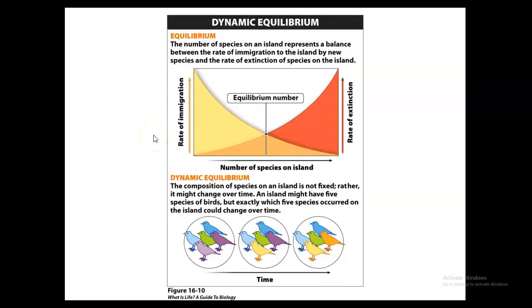Looking at the equilibrium, the number of species on an island represents a balance between the rate of immigration to that island by new species and the rate of extinction of species already on the island. There you find in the center the equilibrium. With dynamic equilibrium, the composition of species on that island isn't fixed, so it can change over time. The island might have, let's say, 5 species of birds, but exactly which 5 species occur on the island can change over time.